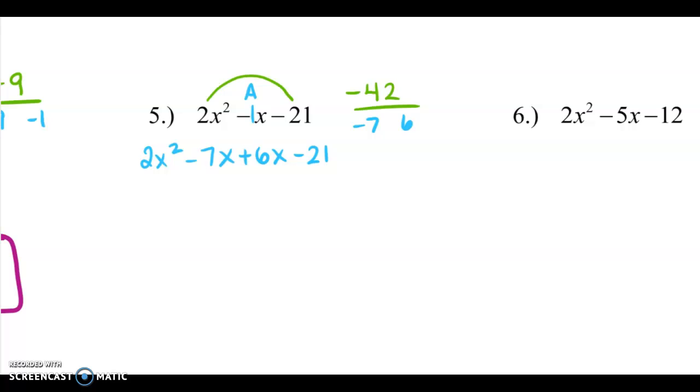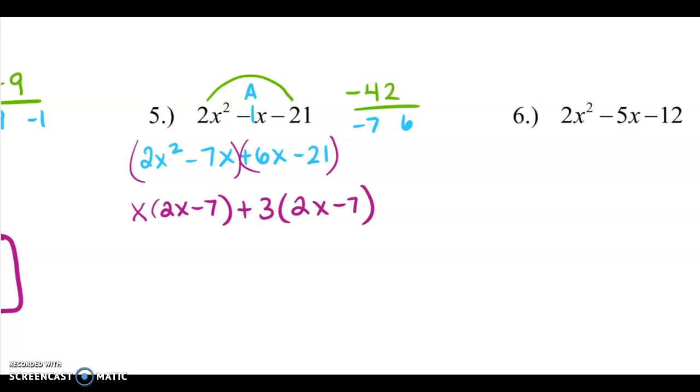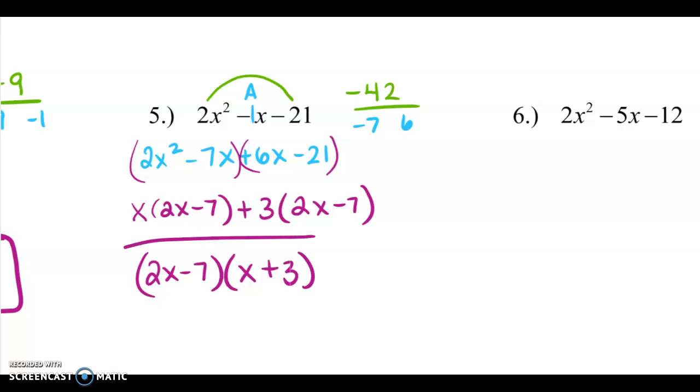All right, go ahead, factor by grouping. Pull out an x. Leaves me with 2x minus 7, then pull out a positive 3, leaves me with 2x minus 7. So we have 2x minus 7, and we have x plus 3.